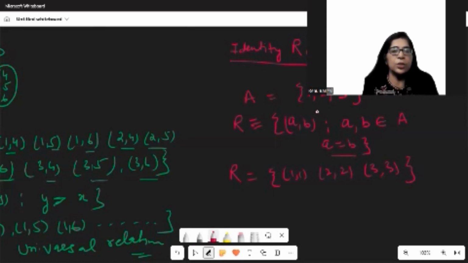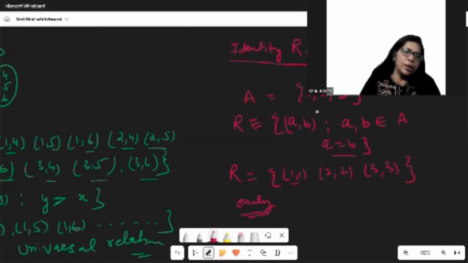So in this you can say only these elements (1,1), (2,2), (3,3) will be in this relation. That means all elements relate with itself only, then it is an identity relation. Okay, bacha? In this set, no other element can be there. Only these same doublets will be there. Hopefully it's clear. Chalo.